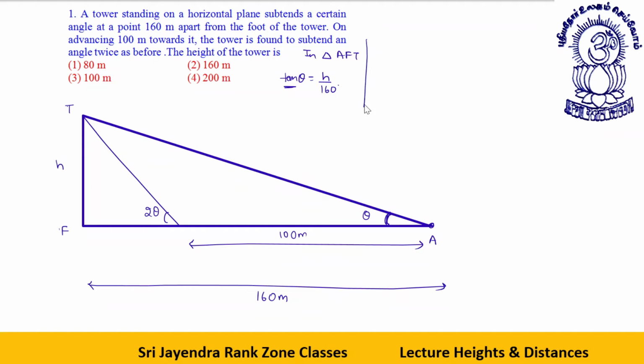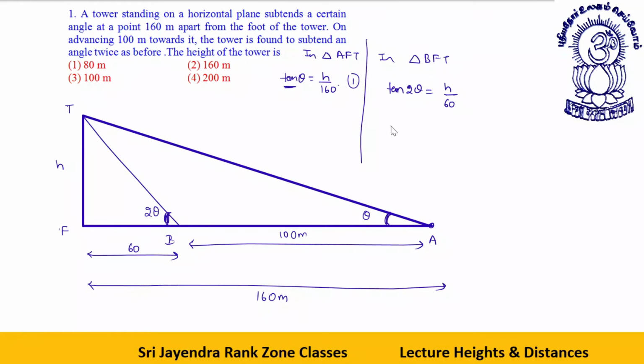Now I am leaving this as first. Now in triangle BFT, what will be tan 2 theta? Tan 2 theta will be perpendicular upon base. If this is 100, this will become 60. H upon 60.